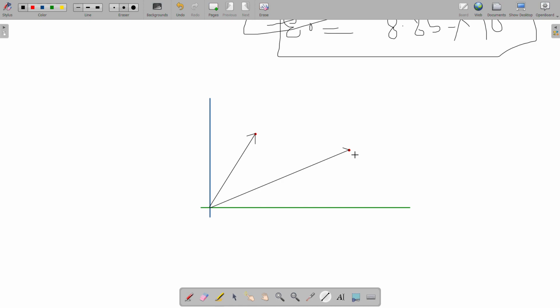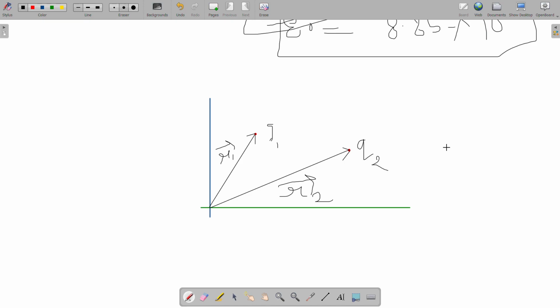We need to draw arrows. Arrows are important. These are vectors, position vectors basically. So let's write here, for example, this is R1 for Q1. This is Q2 and it has a position vector R2. So these are the position vectors of these two charges.